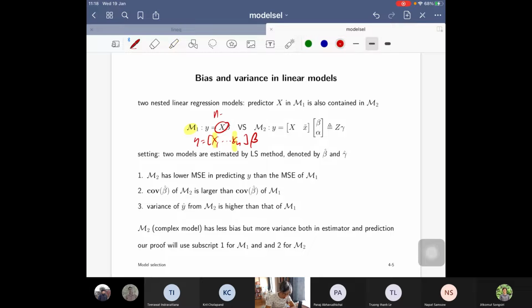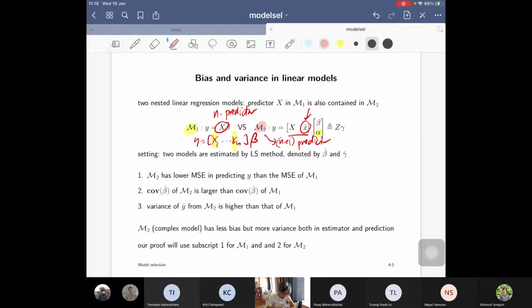For M2, the model 2, by this notation, it would mean that I add another predictor in the model. So in model M2, I use n plus 1 predictors. And of course, if I have n plus 1 predictors, there's going to be one more regression coefficient. I call it alpha.